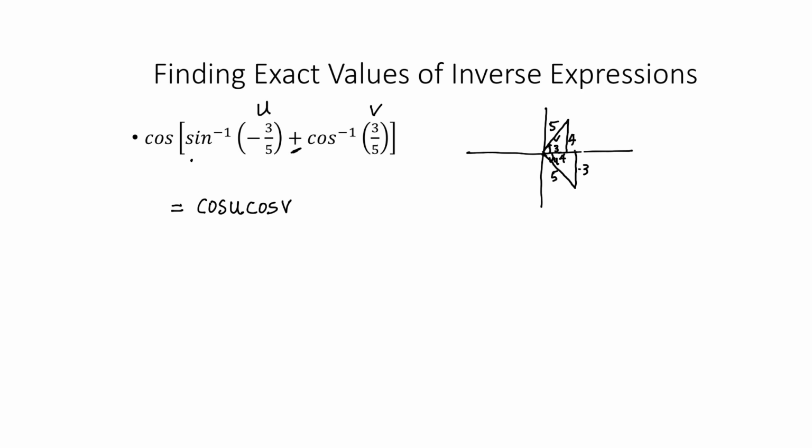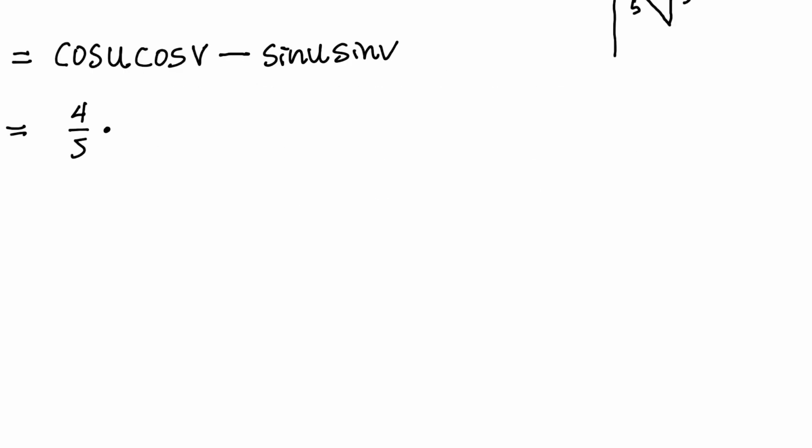So since we have an addition here, we have a subtraction, and then we subtract the sine of U, sine of V. So looking at U, we see that the cosine of U, which is my bottom triangle there, is the adjacent over hypotenuse, so we have 4/5. We're going to multiply that by the cosine of V, which is the other triangle adjacent, so that would be 3/5.